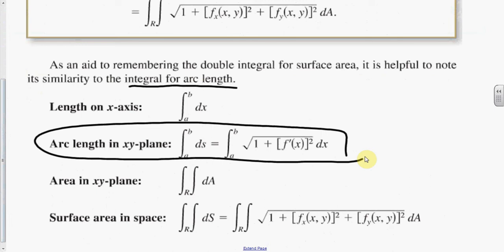But to talk about the so-called surface area, I want to go above dA, so we talk about the change with respect to the surface. So I bring it up, and I begin to calculate the arc lengths with respect to x and also with respect to y. You add all those up with respect to this double integral, and we get the area along the surface.